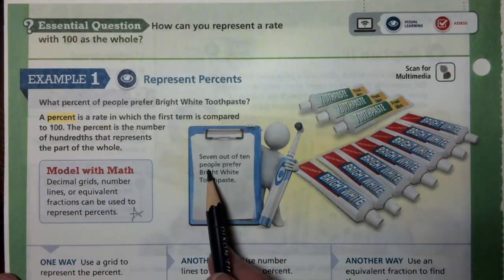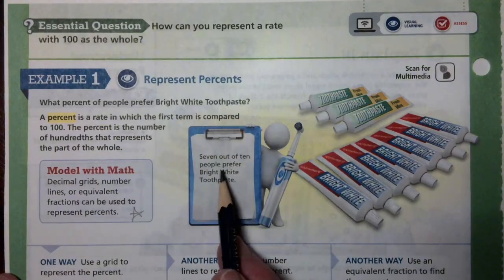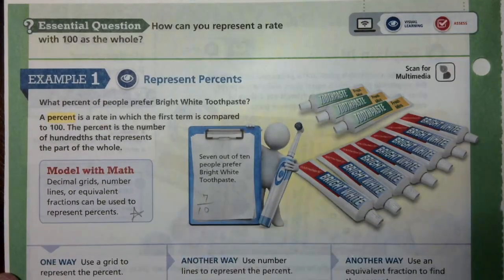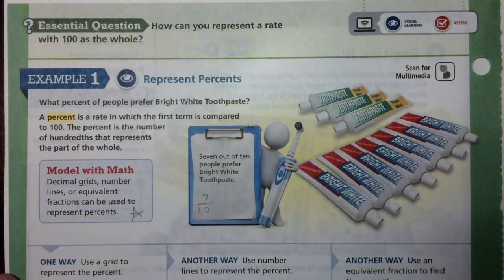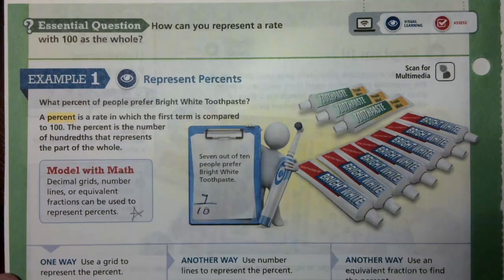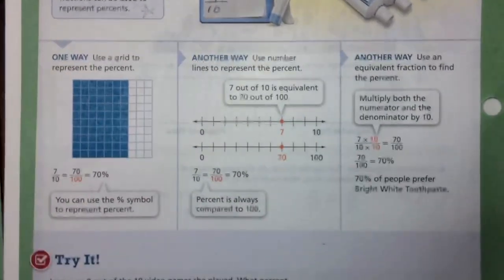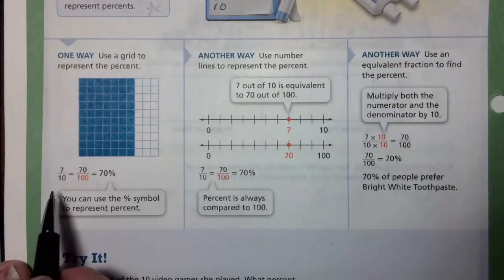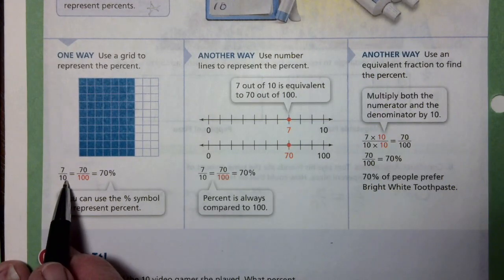Over here it says 7 out of 10 people prefer bright white toothpaste. 7 out of 10. Well, as you can see, that 10 right there is not 100. So, they're saying, well, I can't call that a percent. How do I change 7/10 to a percent? Well, if I multiply this number by 10, I get 100.